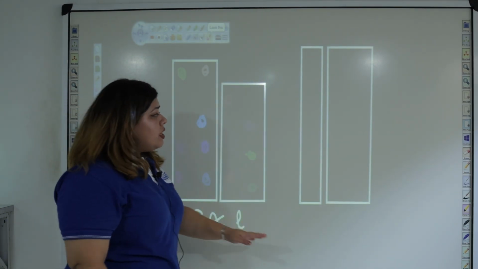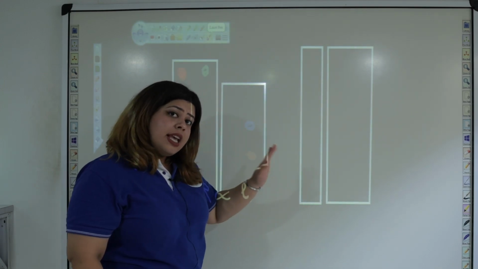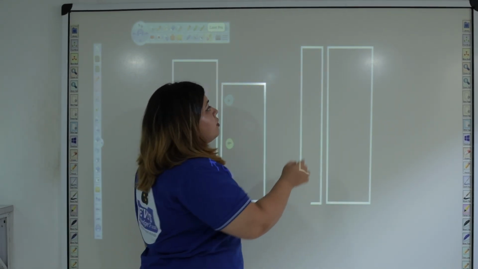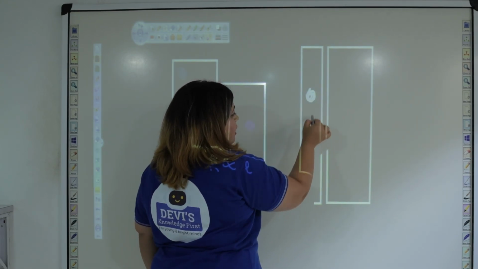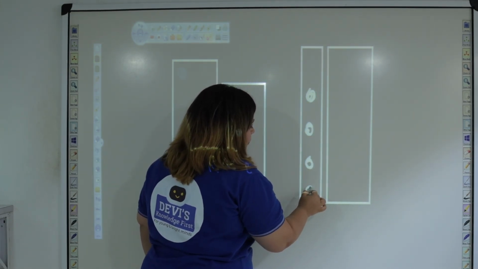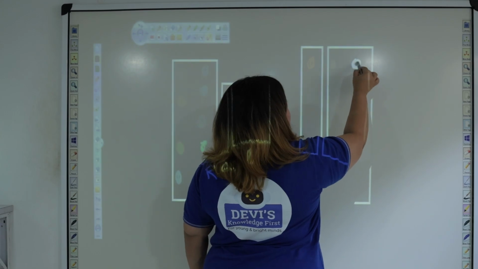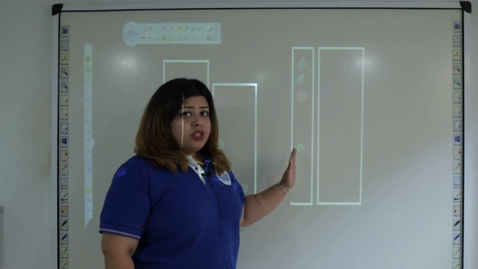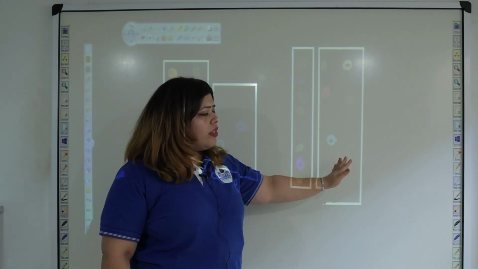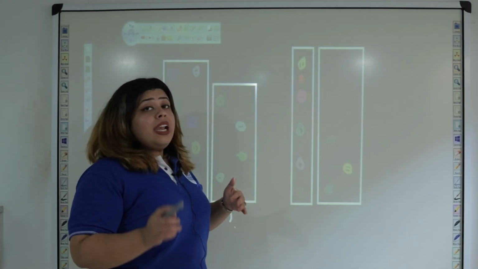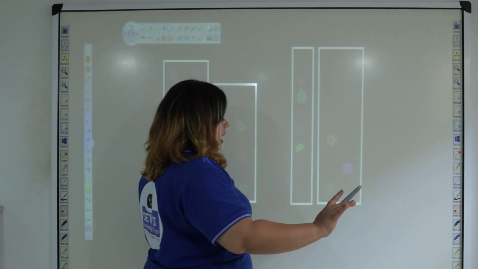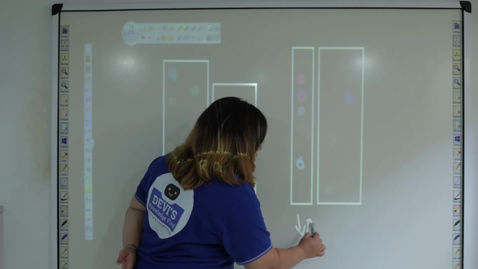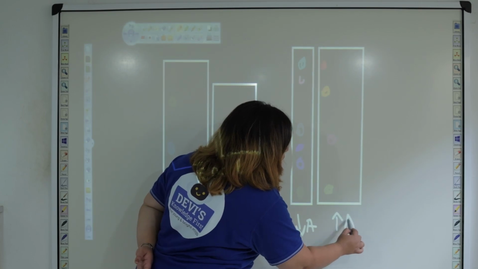Now, on the other side, there are two highways of the same length but different thickness. One is narrow, one is broad. Let me draw cars on them. Their lengths are exactly equal, so this has a lesser area and this has a greater area.